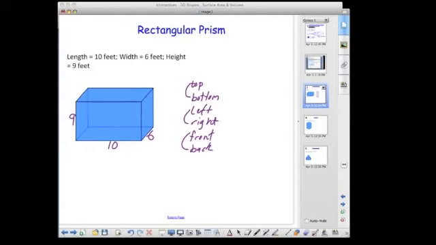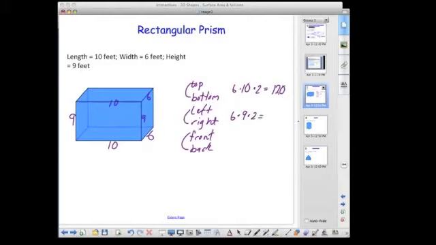So for the top and the bottom, I've got a side length of 6 here and a side length of 10. So 6 times 10 gives me the area, times 2 gives me the area of both surfaces, the top and the bottom. That will bring me to 120. For the left and right sides, I have a side length of 6 times a side length of 9 and times 2 to account for those two surfaces.